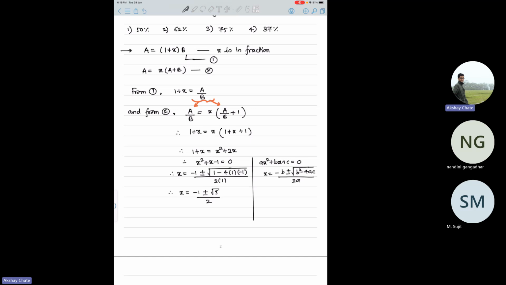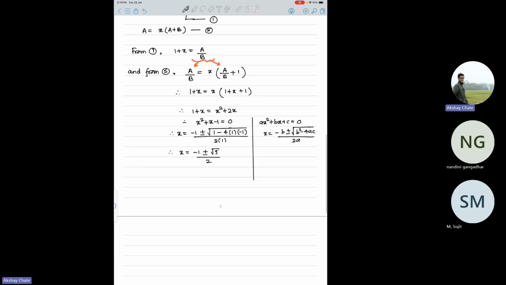Now the thing is, it will have 2 values. See, root 5 will be slightly greater than 2, right? Because the square of 2 is 4, so the square root of 4 is 2. So root 5 is slightly higher than 2, that we know.